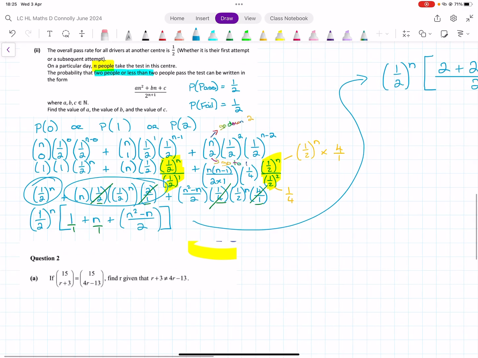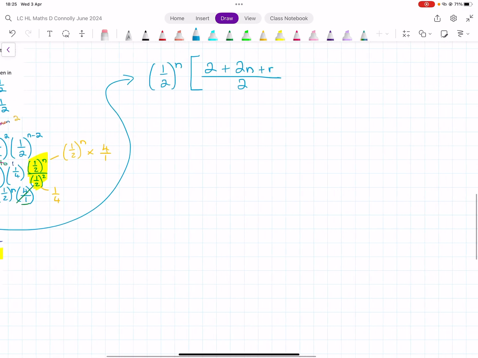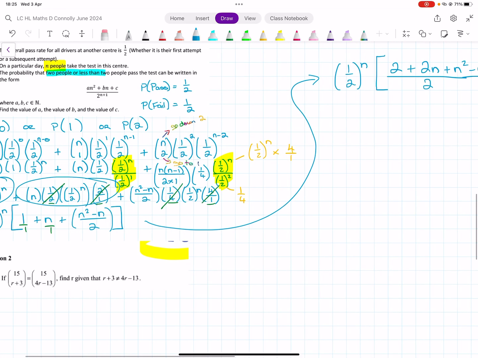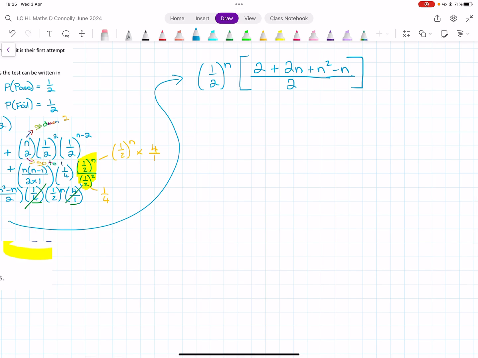And then the last one doesn't change, so it's just plus n squared minus n. Is that right? Plus n squared, yeah. I can simplify that a little. So I have 1 over 2 to the power of n times n squared plus n plus 2 over 2.